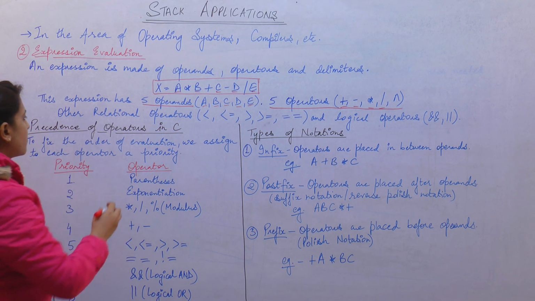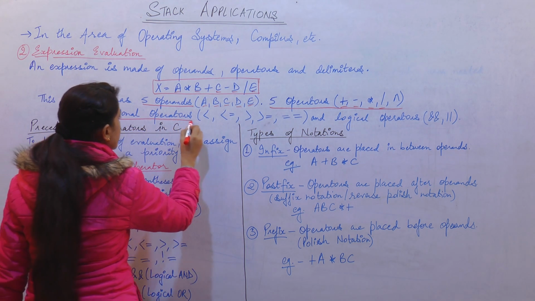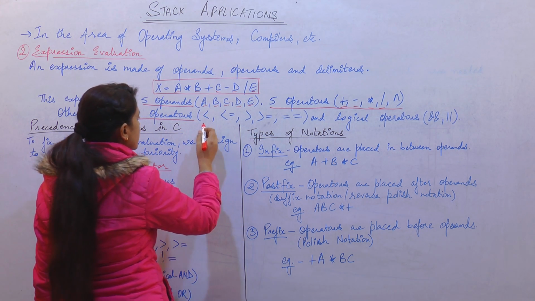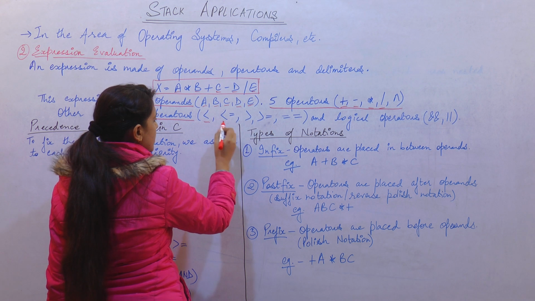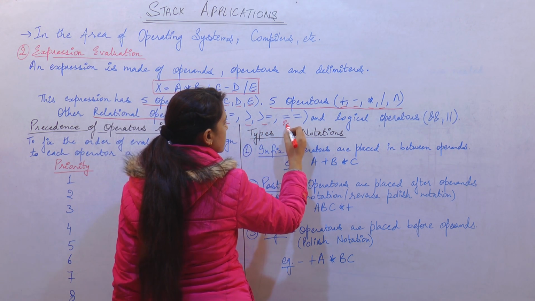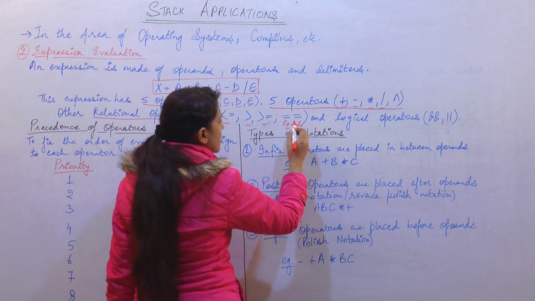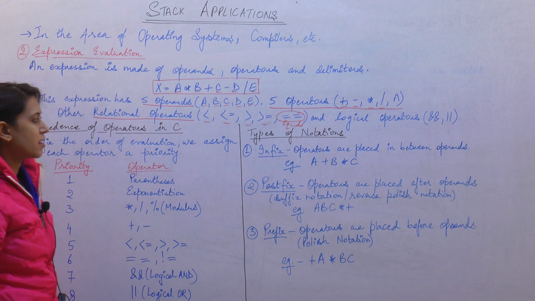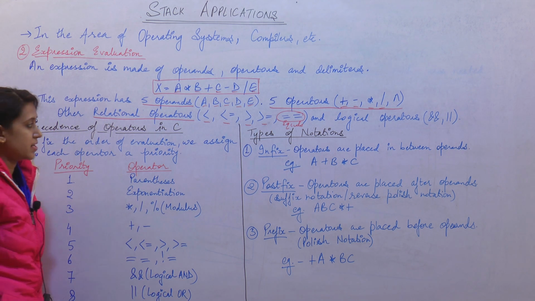Then relational operators will be used to evaluate the expressions. These relational operators are less than equals to, greater than equals to and equals to. This symbol is mainly used for the equals to relational operator.